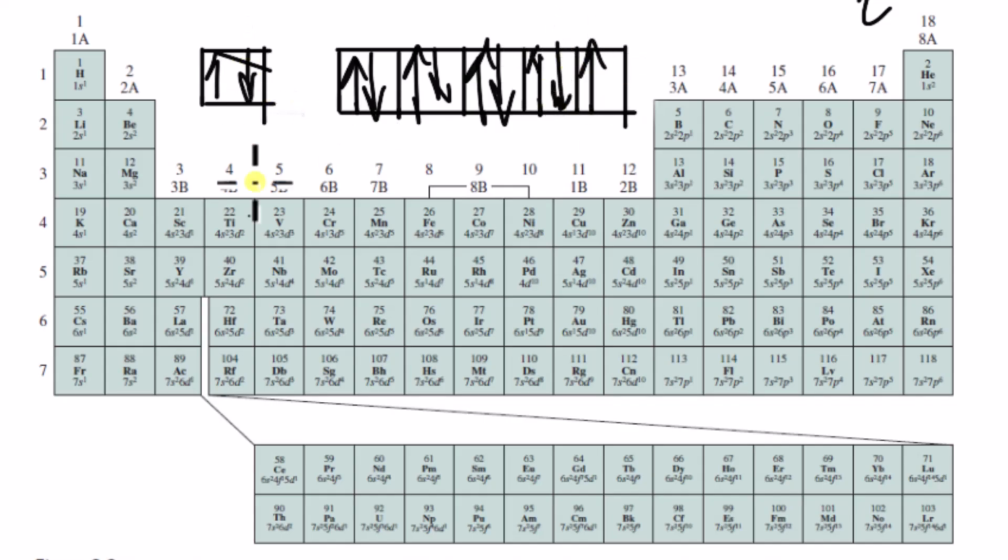And then you do like that, right? But in actuality, this is one of the exceptions, and the electron configuration turns out to be like this. You fill up the entire d orbital, and so what are you left with? This single unpaired electron in the 4s orbital, just like all the alkali metals, right? It's a similar idea with group 2B and group 2A. They both have a completely filled s orbital.